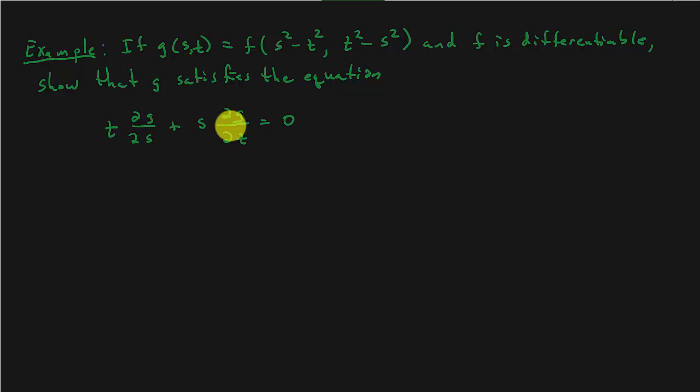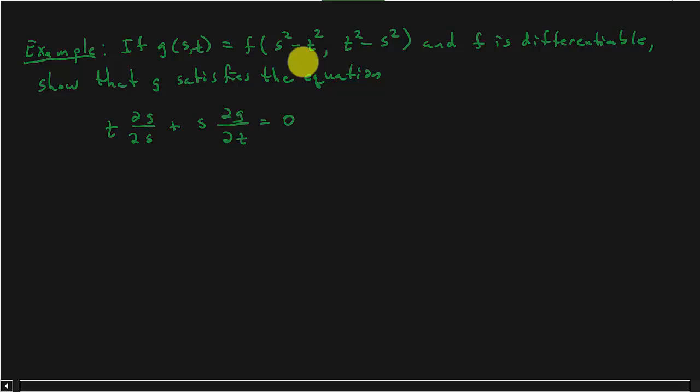All right, so what we could do here is simplify this a little bit so it doesn't look so nasty. This right here, s squared minus t squared and t squared minus s squared, that's inside f.